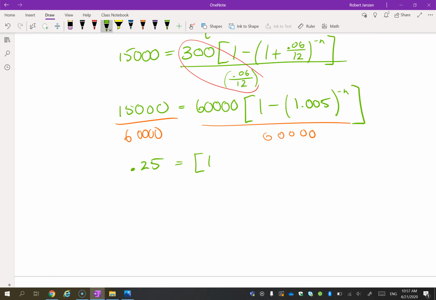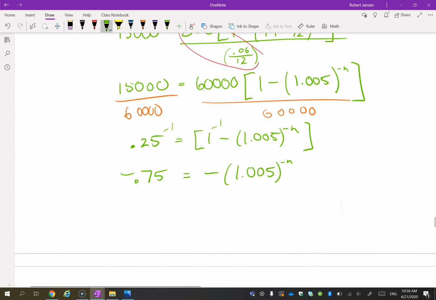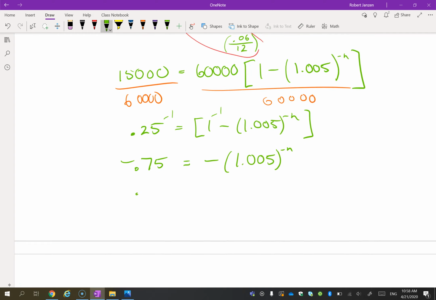And you're going to have 1 minus 1.005 to the power negative n. So that looks much better. What we can do now is take away a 1 from both sides. So you get negative 0.75 equals negative 1.005 to the power negative n. And I'm going to divide by the negative. Make this both positive.